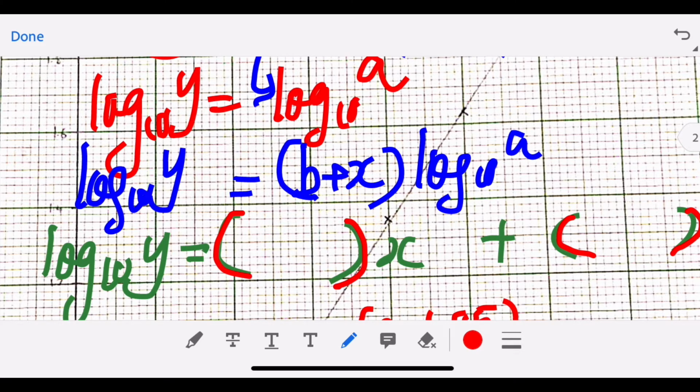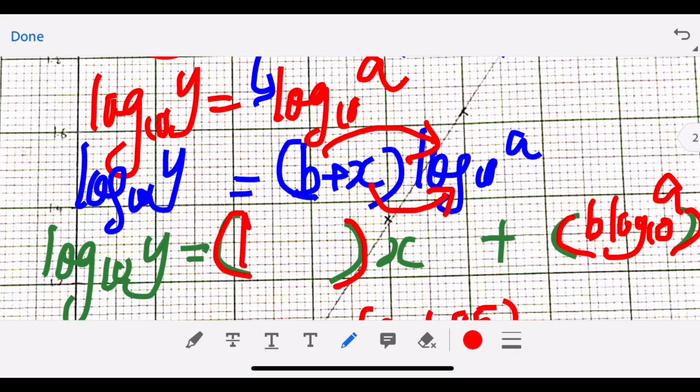So let's expand: b log 10 a is actually the constant, and log 10 a is the coefficient of x.